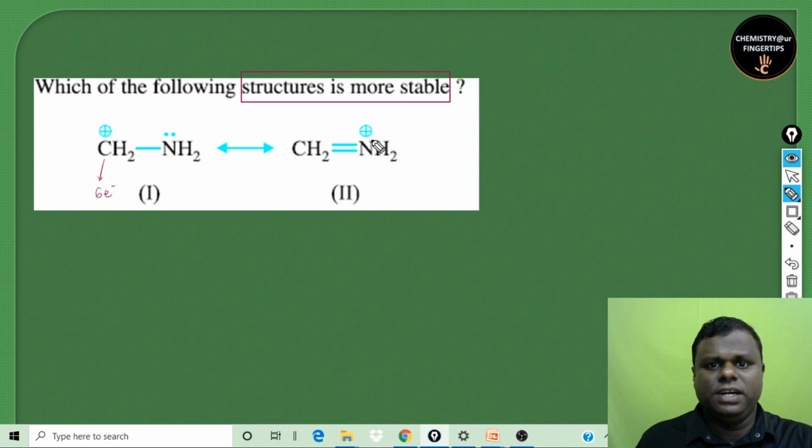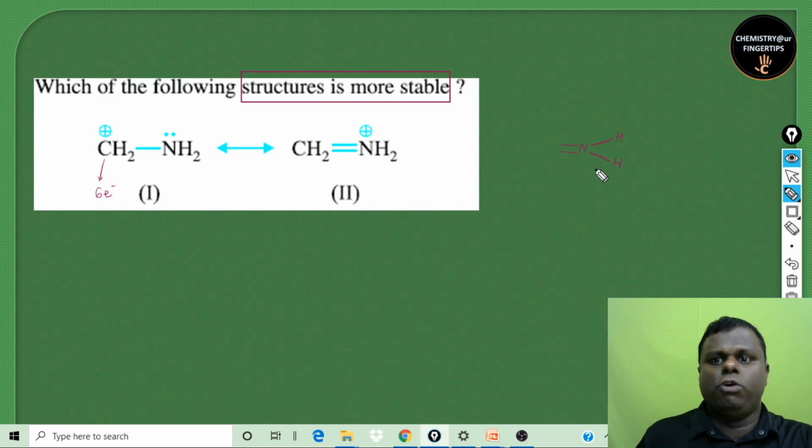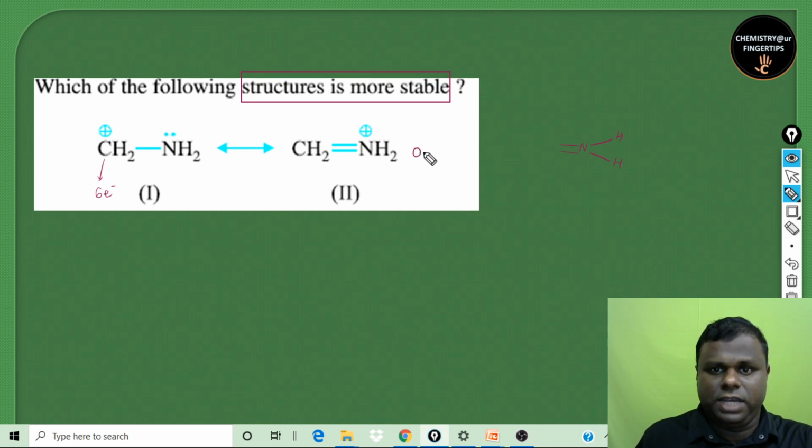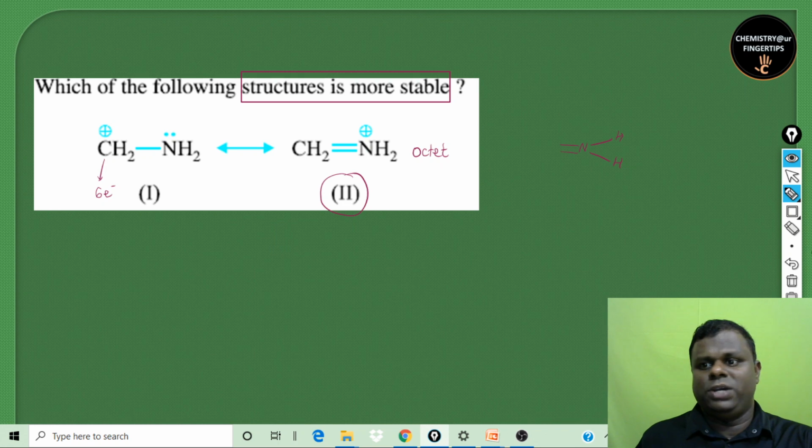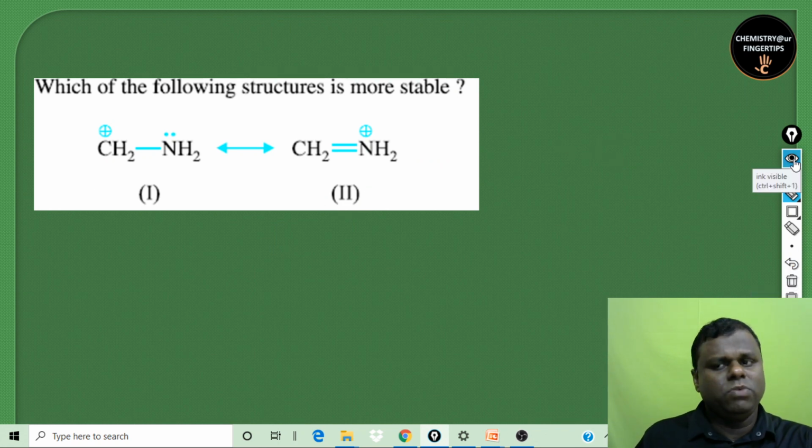In the other structure, nitrogen with a positive charge has one hydrogen, one hydrogen, so 4 bonds in total, which makes a total of 8 electrons. So this is a complete octet, as a result of which the second option is going to be more stable. I hope this explains the second rule. The first rule was neutral, and then complete octet.